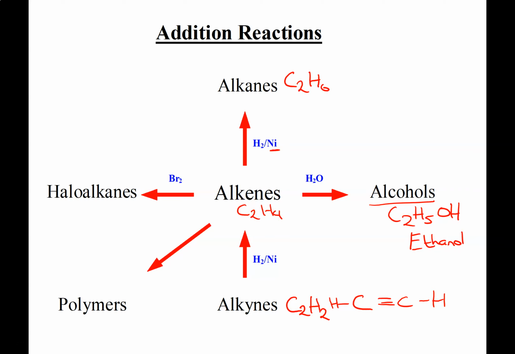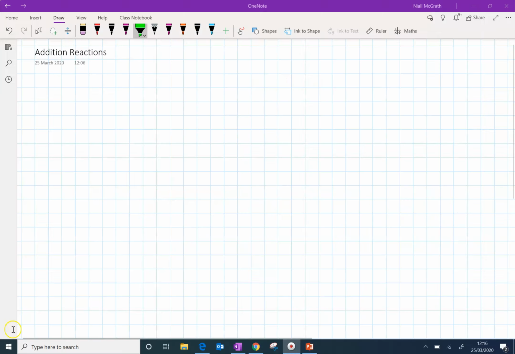Add bromine to an alkene, you come out with a haloalkane. We'll look at that mechanism in a little more detail in a while, and then at the end we'll come to polymers. So we'll just quickly take a look at some examples of some addition reactions.